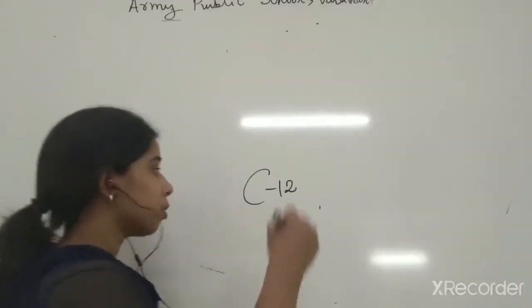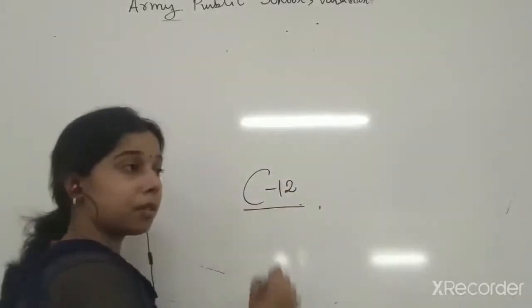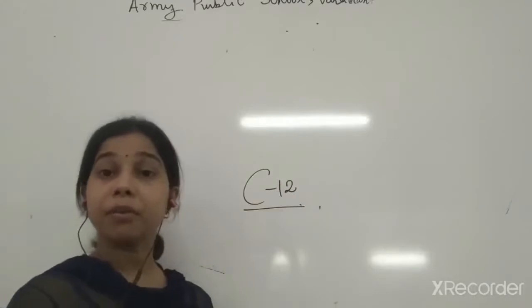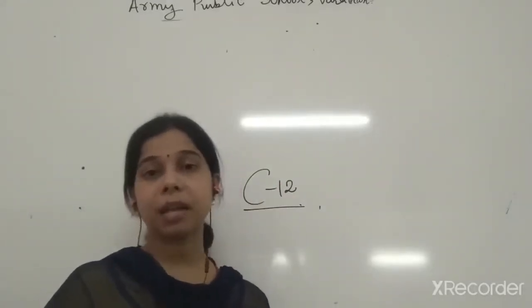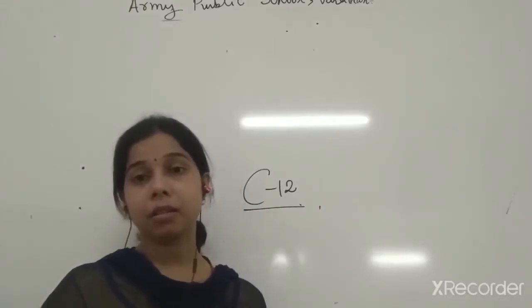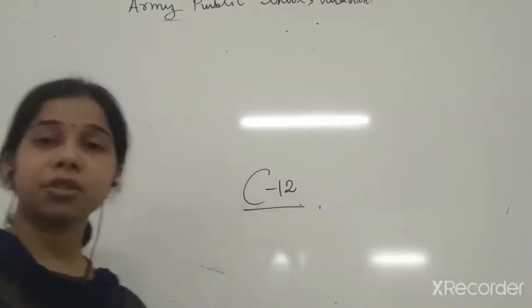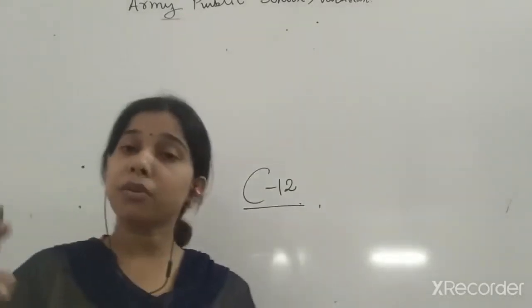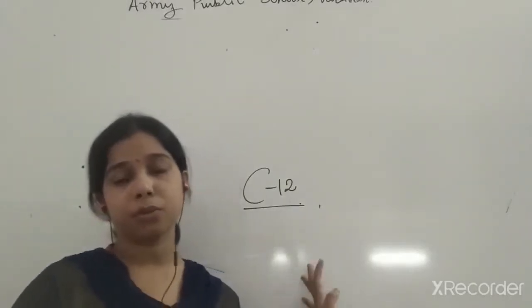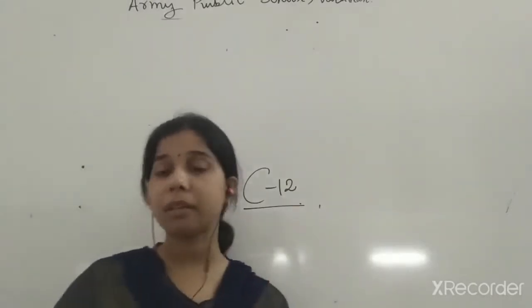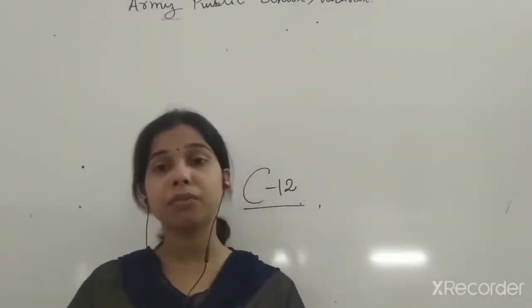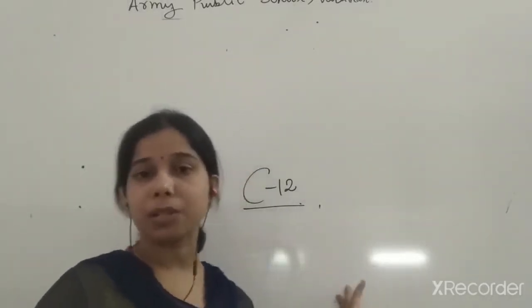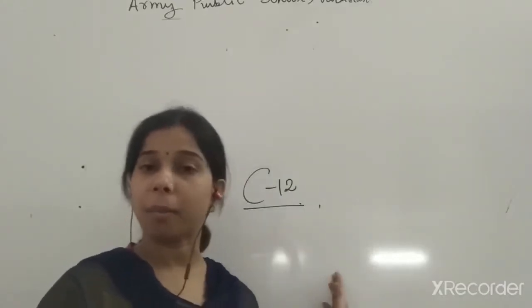Okay students? So carbon 12 is used to find the relative atomic mass. Again, I am saying why we use the term relative atomic mass: it shows a relationship. It is because we are showing the relationship of the mass of the element with that of the reference unit, and that's why it is a relative atomic mass.